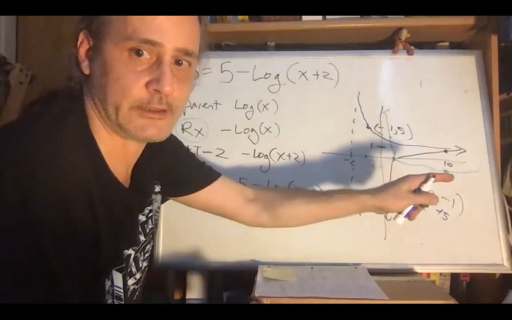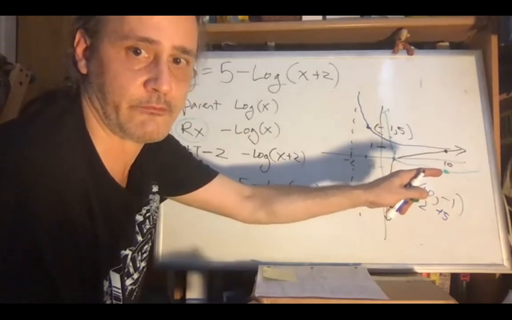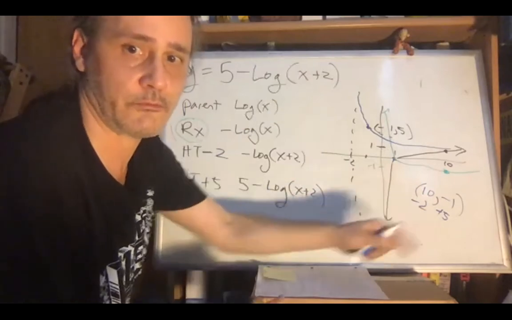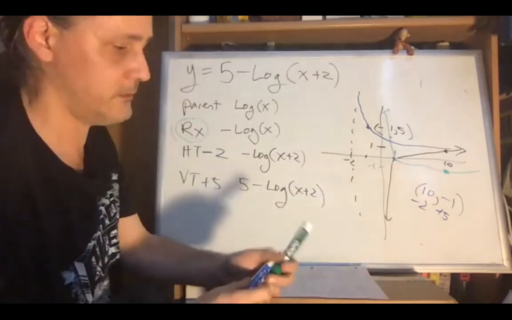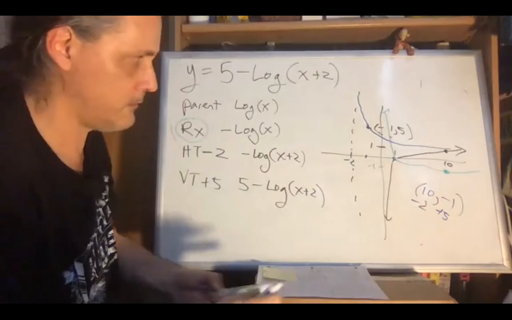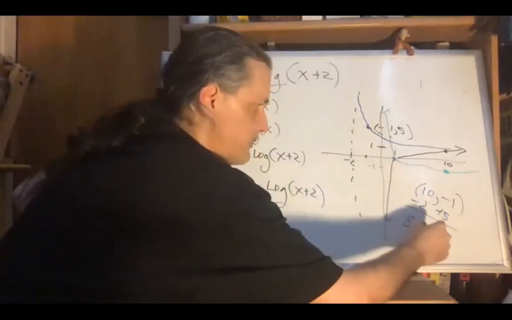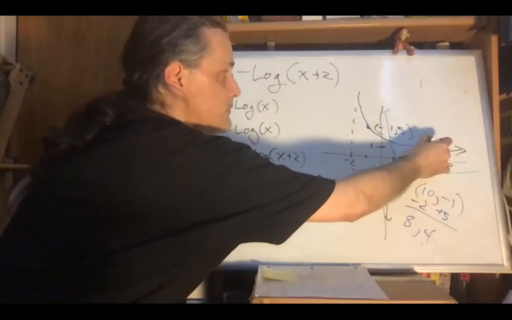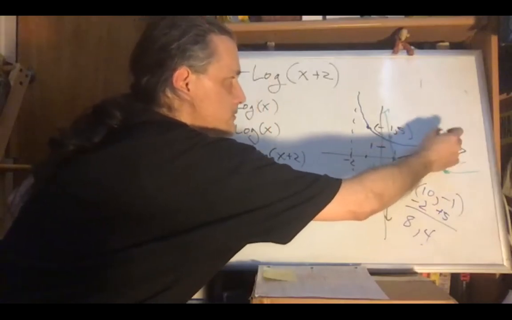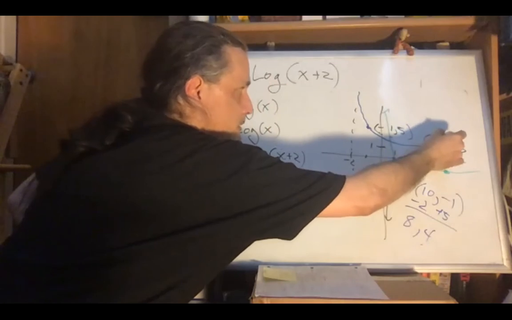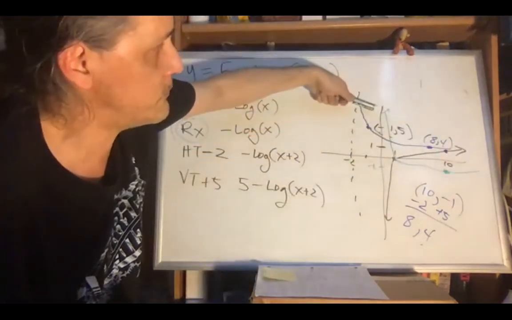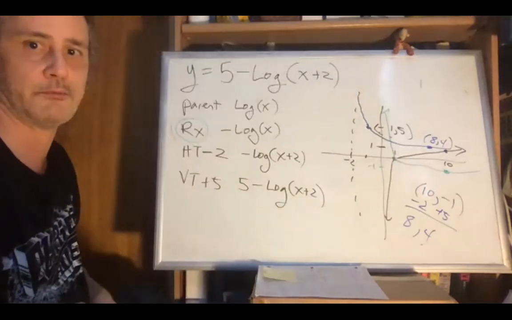Okay, and now I'm translating this point 10, -1, left 2 up 5. So that's why I'm subtracting 2 from x and adding 5 to the y. All right, so now this is going to become 8, 4. So then this point right here, you could say is 8, 4. Now that's not the scale. That would probably be up here, you know, because of the 4, but anyway, that's basically the shape of the graph.